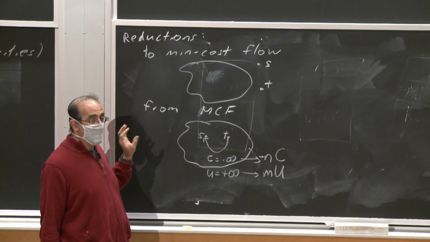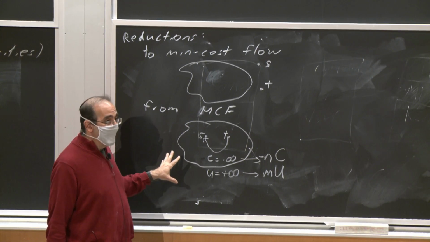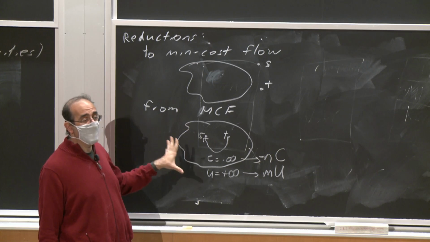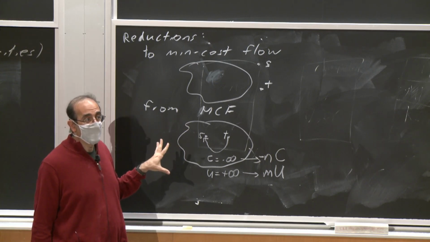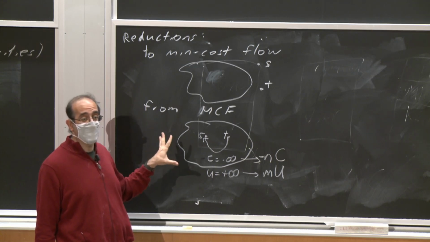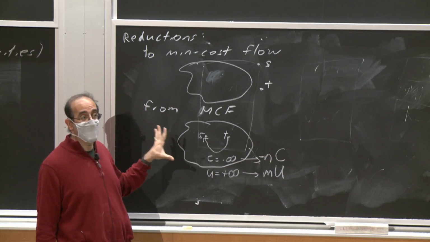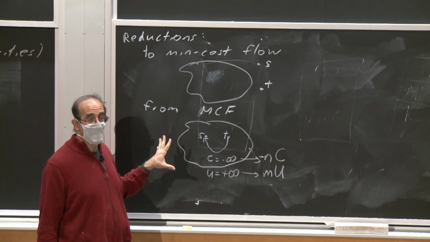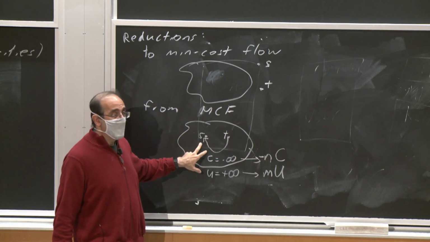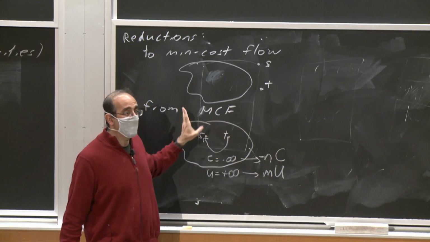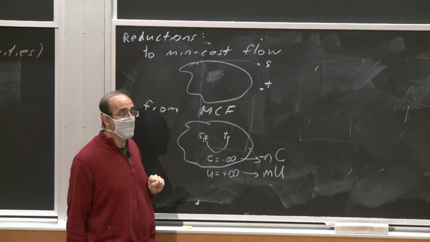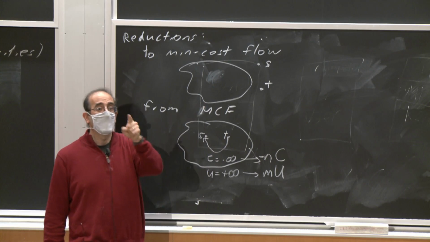But I want to force the min-cost circulation algorithm to give me a max flow, which means I want to force it to use even those very expensive flow paths. And the only way I can force it is through cost, because the circulation does not have any notion of amount of flow. It only cares about the cost of the circulation. Okay? But by making a very cheap edge from T to S, that means that any path of flow from S to T is worth using to send flow, because I make more money on the return edge than I do on the path from S to T. Yes?